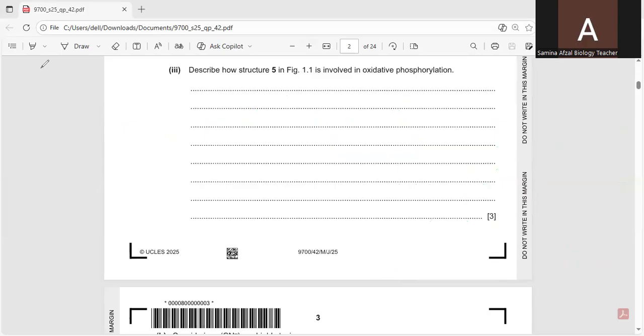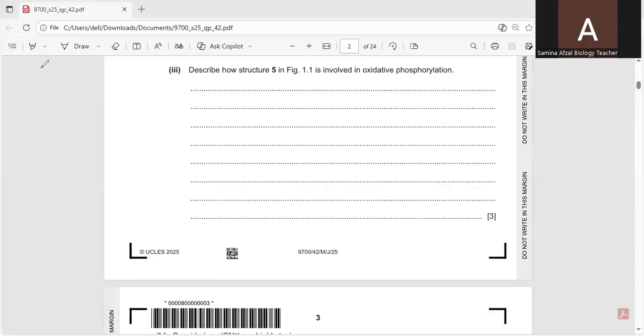First of all, I would like to say that it is crucial. Structure 5 is the enzyme ATP synthase, and it is crucial to the final stage of oxidative phosphorylation called chemiosmosis. So this ATP synthase is involved in synthesizing ATP.